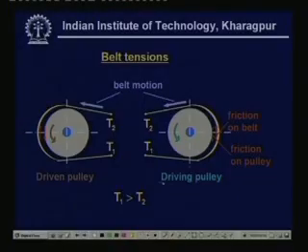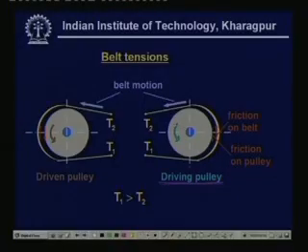This figure on the board represents a simple method by which you can find out the belt tensions. Just look at this one. This is what we call a driving pulley.